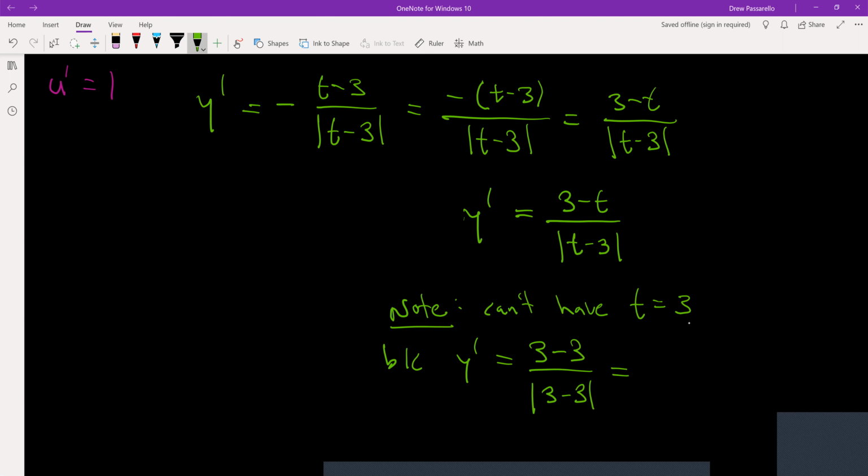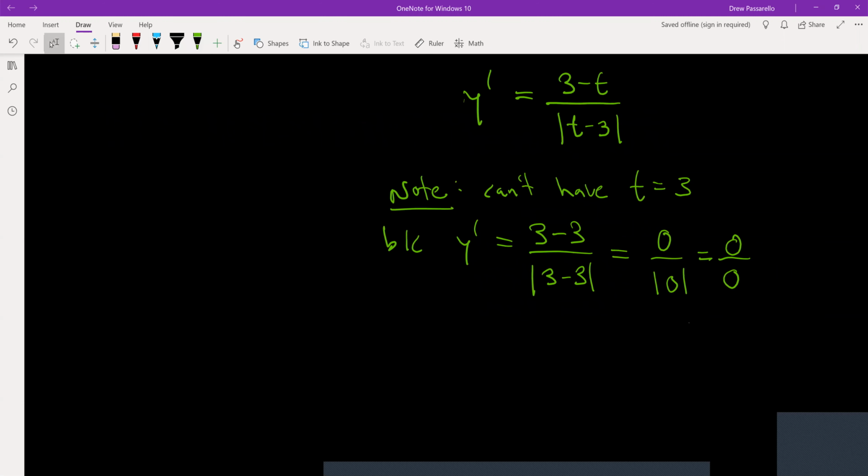You have the absolute value of 0, which is 0 over 0, and that's undefined. So the derivative doesn't exist at t being 3.